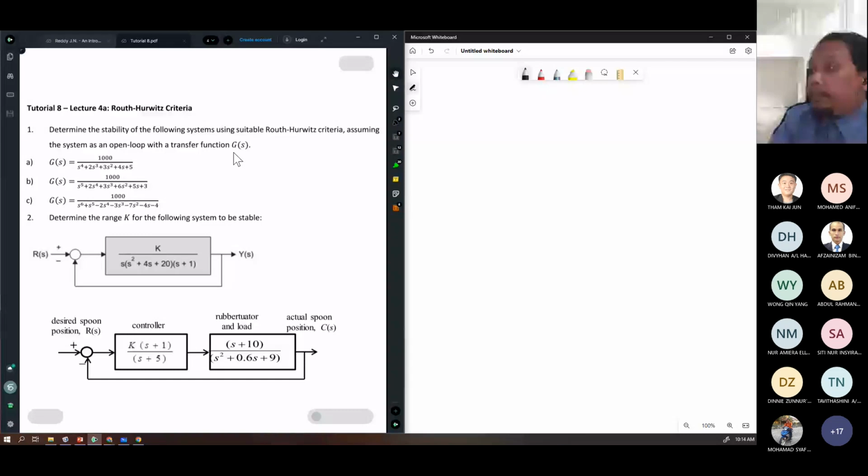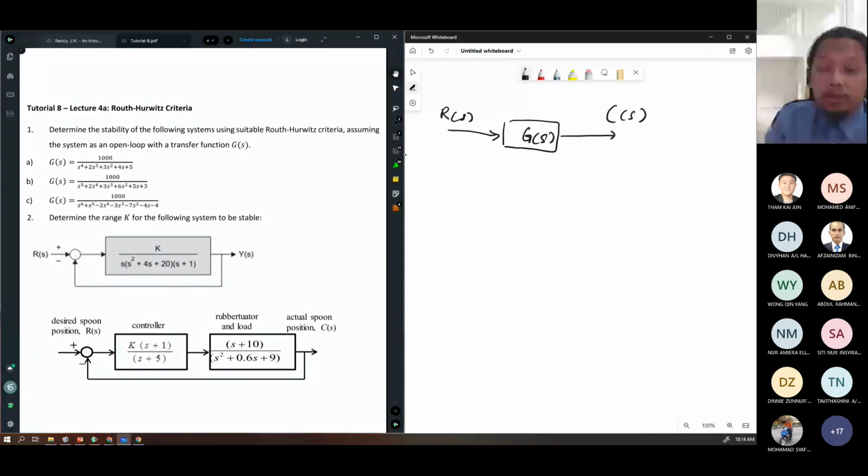Okay, so an open loop system basically has an input R(S) and then a transfer function G(S) and then output C(S). So open loop doesn't have any feedback. The block diagram will look like this.